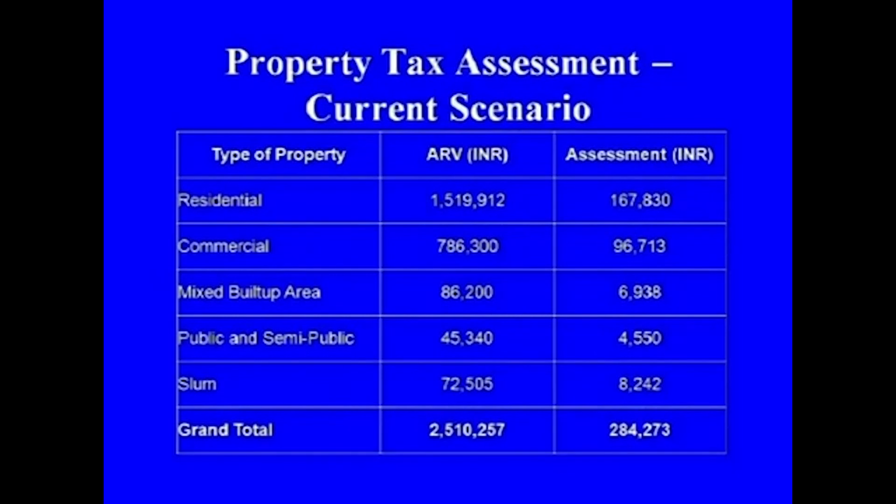The current assessment of the property tax is of the order of about, for the individual residential units, a value of about 2.5 million, whereas the assessment in terms of Indian rupees comes out to be 284 thousand rupees.